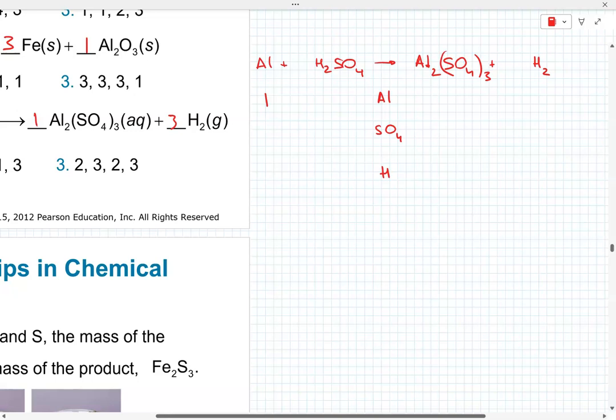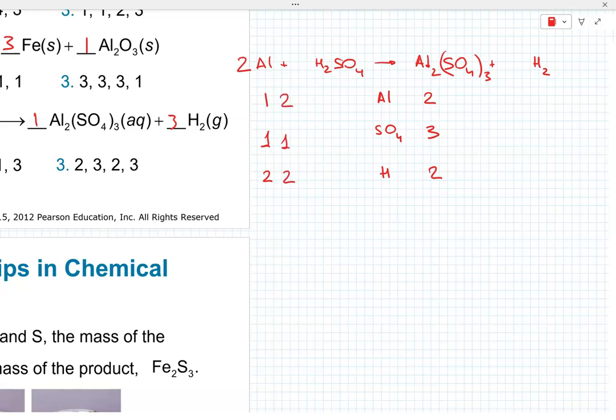How many sulfate anions are on the left? Just one. And how many hydrogens? On the right, how many aluminums? SO4s? Hydrogens? Okay. I do 2 aluminums, right? Good?